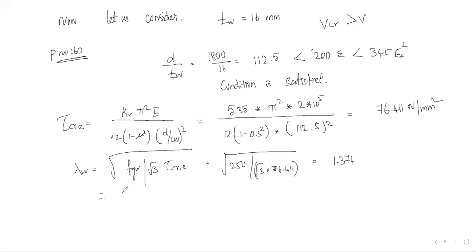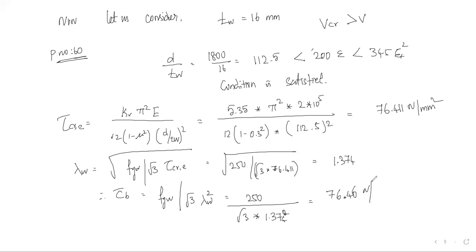Therefore tau B is equal to FYW divided by root 3 into lambda W square, so 250 divided by root 3 into 1.374 square. Then the value of tau B becomes 76.46 Newton per mm square.